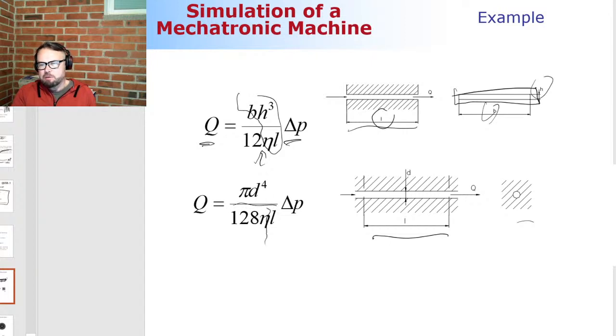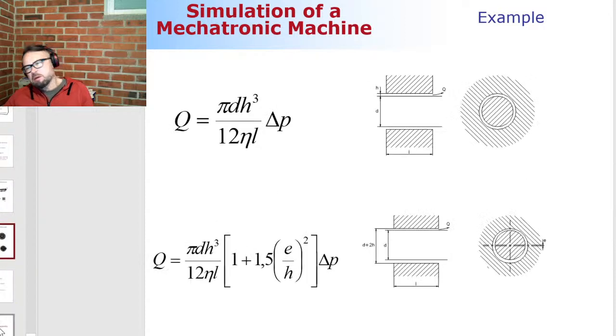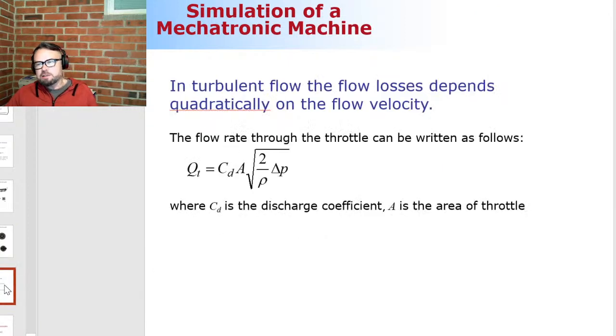And again, we have the viscosity and the length. Look at this: this relation remains linear, because these are constant values. Here are some other examples. That's a lesson you need to know: linear relation. What about turbulent flow?